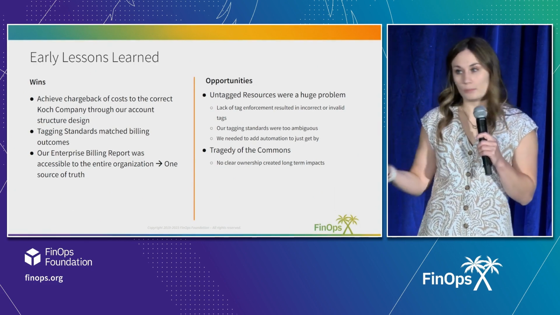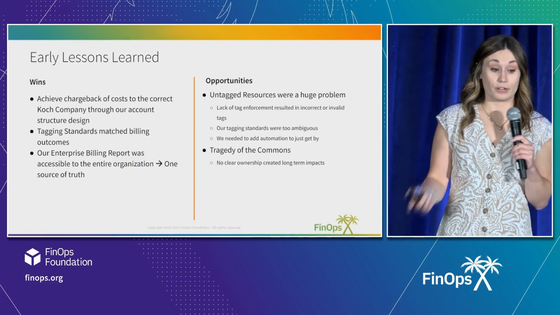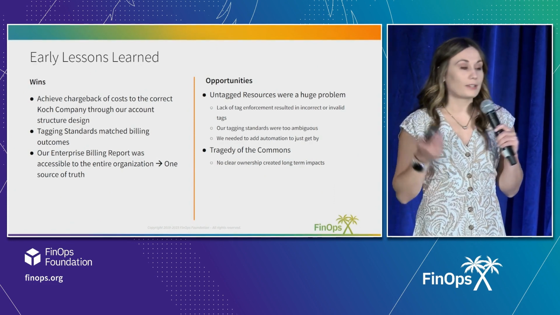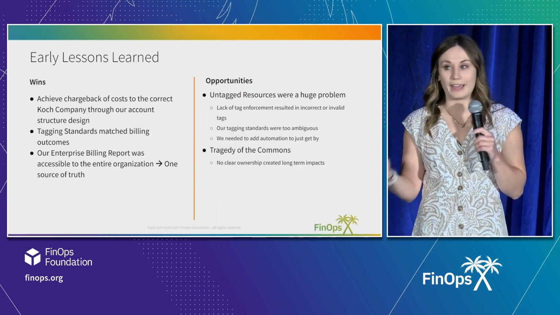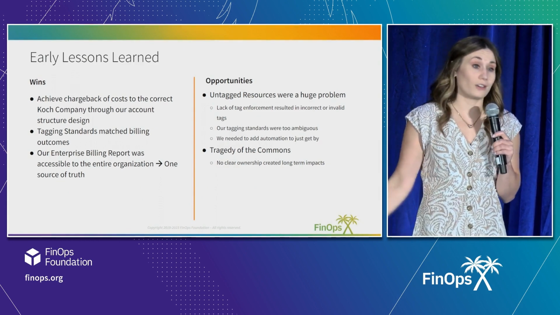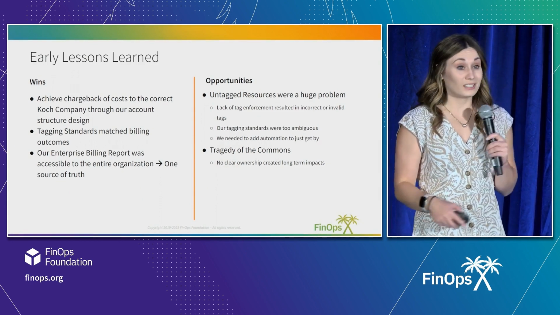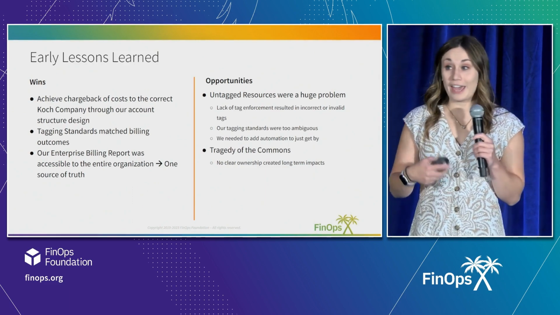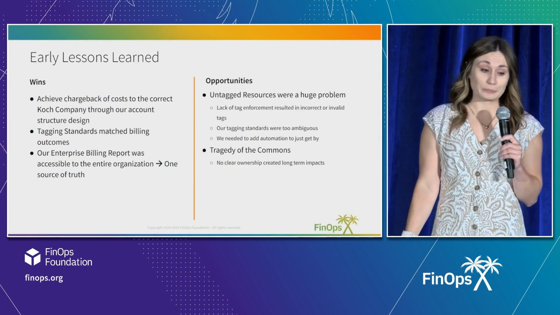But we had some pretty major problems that we needed to think through. The biggest one was shared ownership. Because multiple teams were sharing 1 account, it led to tragedy of the commons. If something didn't get tagged, nobody owned it, and everyone was afraid to delete it. So we had big cost increases as well.